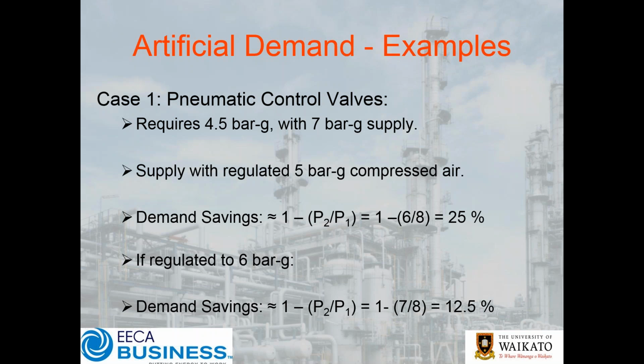So 5 bar gauge becomes 6 absolute and 7 becomes 8, obviously. Our demand is going to be directly proportional to the pressure, and so we can actually save 25% of our demand on that valve by supplying it with 5 bar instead of 7 bar air. Now if we supply it with 6, obviously fairly straightforward, our demand reduction is 12.5%.